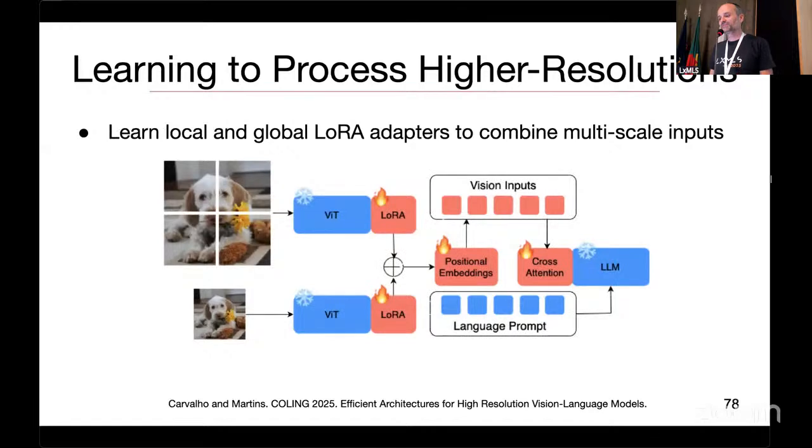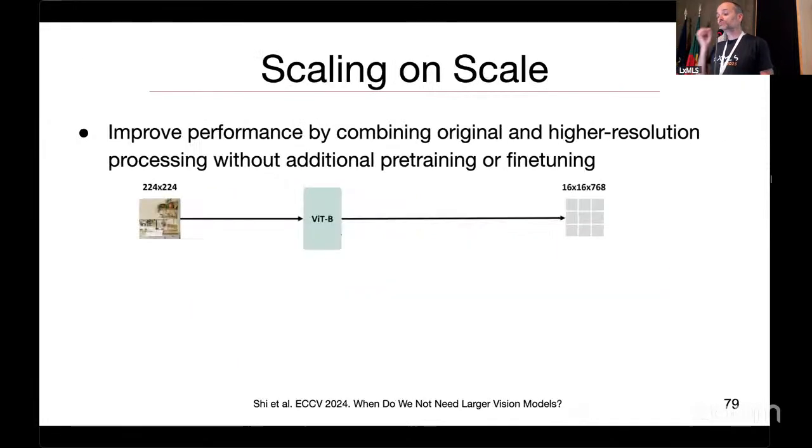There's also been some advances here on trying to work with higher resolution images. There's a paper from COLING 2025 on trying to combine local and global representations with frozen vision transformers and LLMs, with a LoRA adapter to try to adapt the representations of the local and global features that you can extract. And you also don't always have to do this as a learned process.